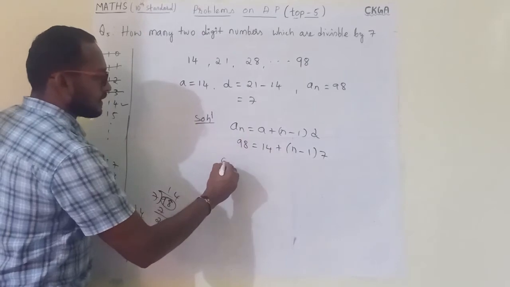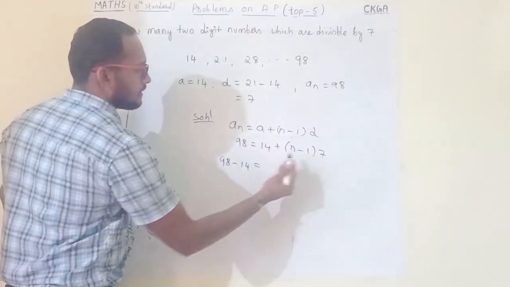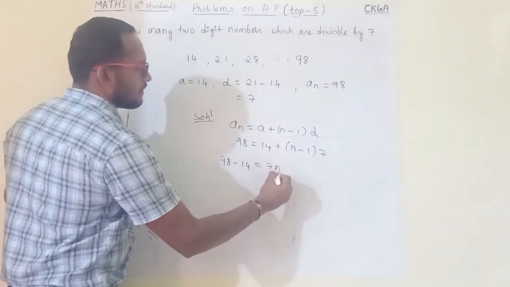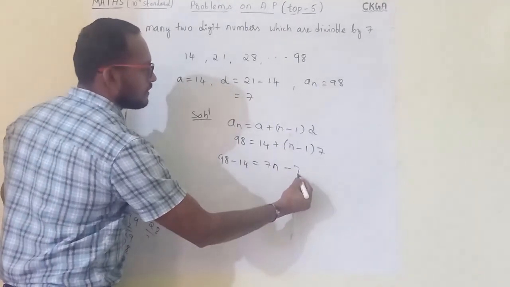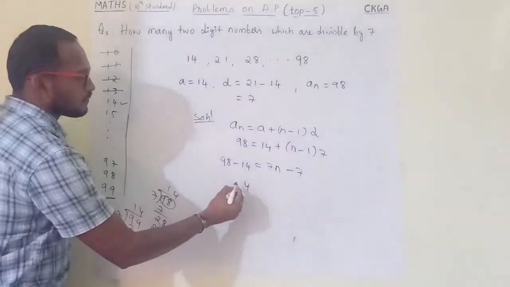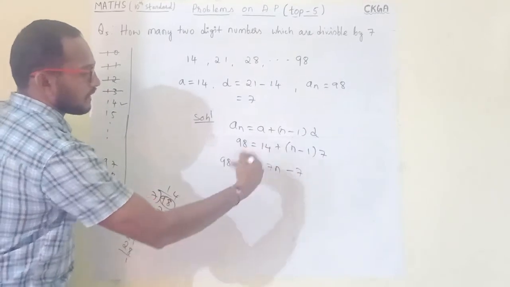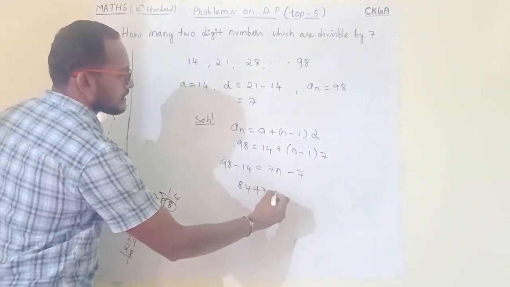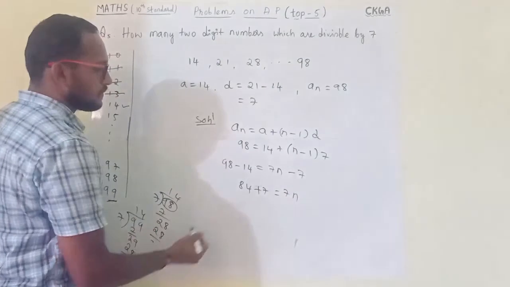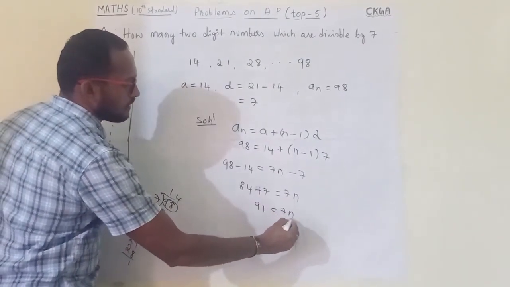So 14 goes to this side. 98 minus 14, simplify this, is 7 times n minus 1, that is 7n minus 7. 98 minus 14 is 84, so 84 is equal to 7n minus 7. Take the minus 7 to this side: 84 plus 7 is 91, equal to 7n.